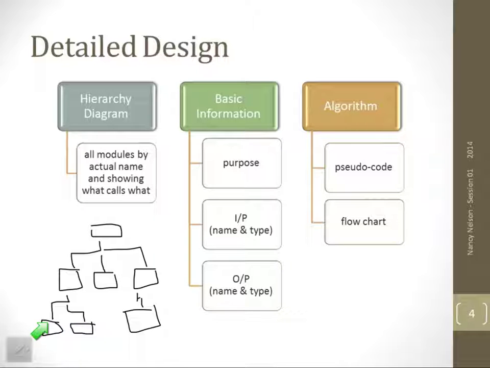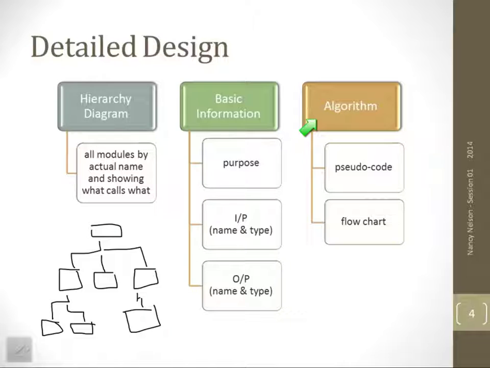So each of these would do a specific task and generate some information that this module requires. This one might pass some information back to main, which could then pass it into here. This might be a processing module that calculates some results for us, passes those results back to main, which is displayed and possibly printed. So in this one, we would have 1, 2, 3, 4, 5, 6, 7 modules in our hierarchy diagram. Therefore, we would have 7 pieces of basic information and 7 algorithms.